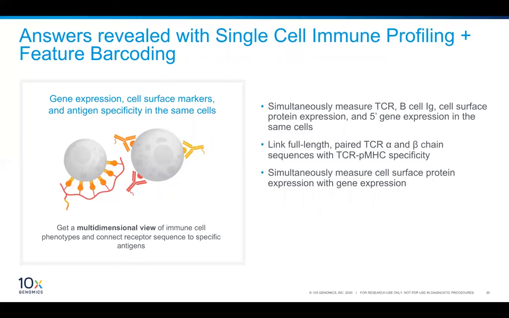The feature barcoding technology is also enabled on the immune profiling solution. That means you can measure 5' gene expression, T cell receptor sequences, B cell receptor sequences, and cell surface protein expression, and then you can link the full-length paired T cell and B cell receptor sequences with the antigen specificity.